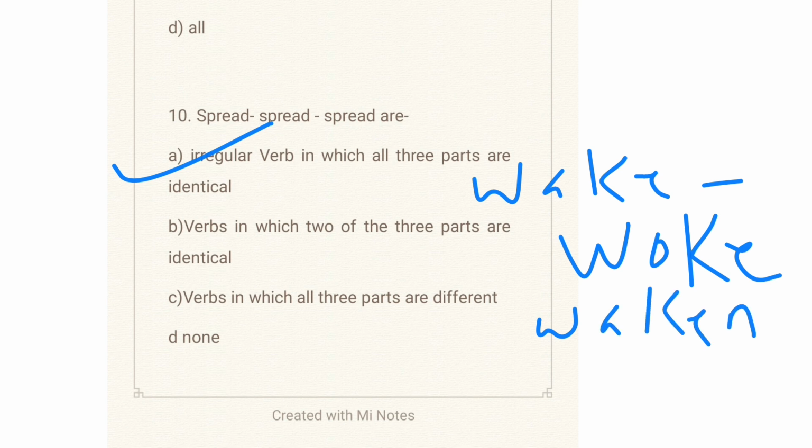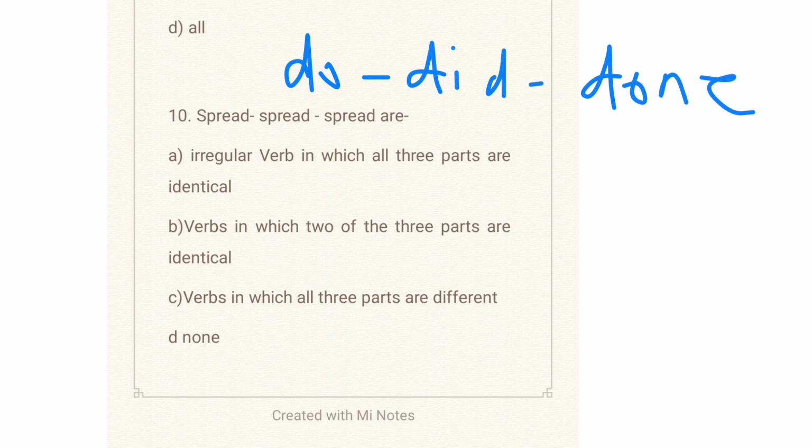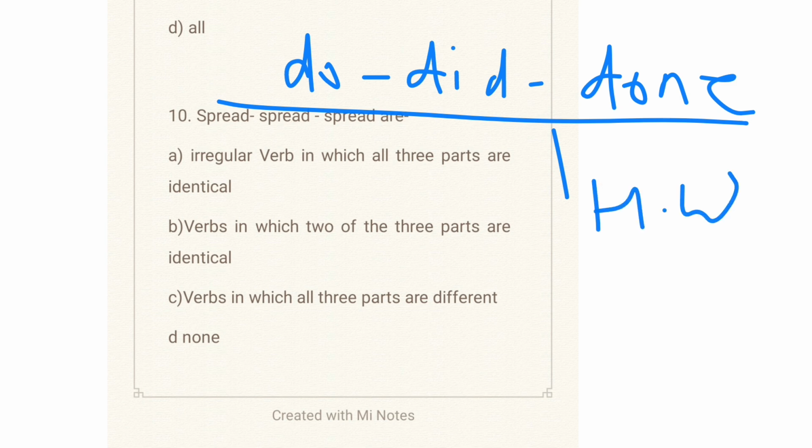If I write down here do, did and done. Which type of irregular verb is that? It is homework. Please tell me in the comments. The options are already here. Tell me which one it is.